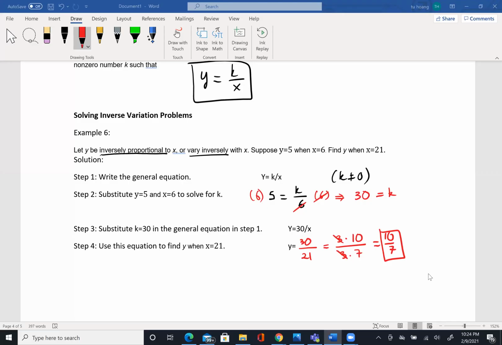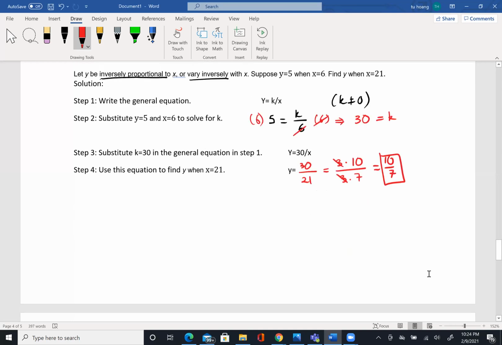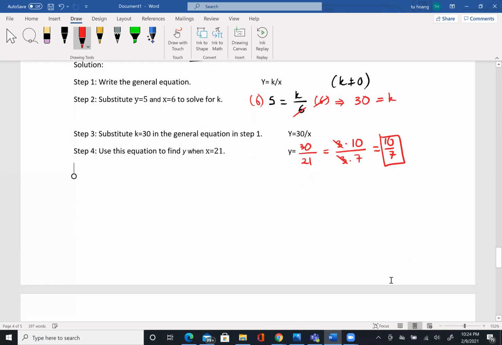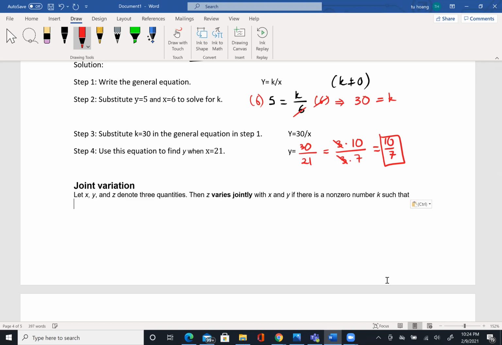Okay, now let's move down here. We're going to talk about joint variation. Let x, y, and z denote 3 quantities.